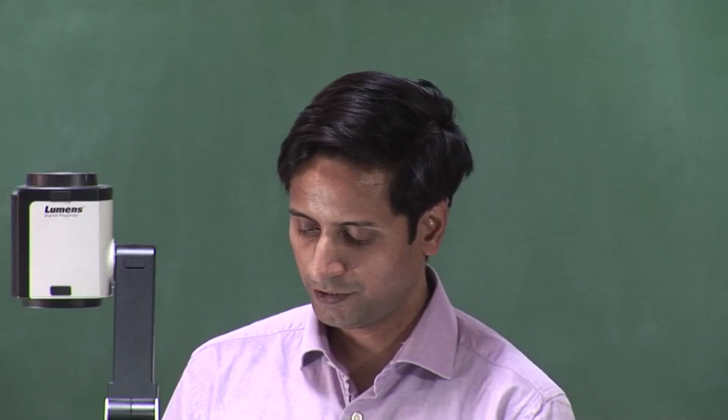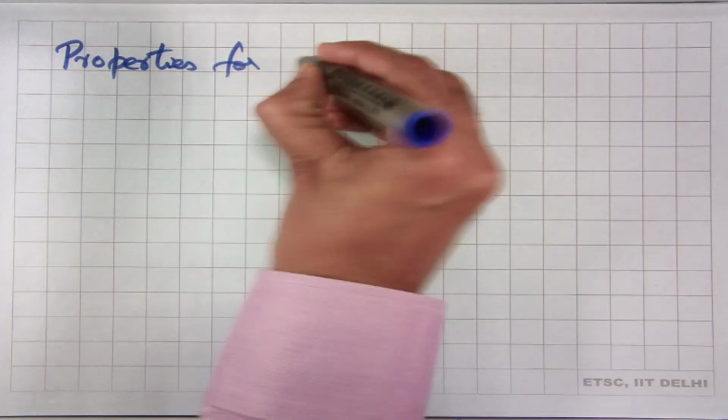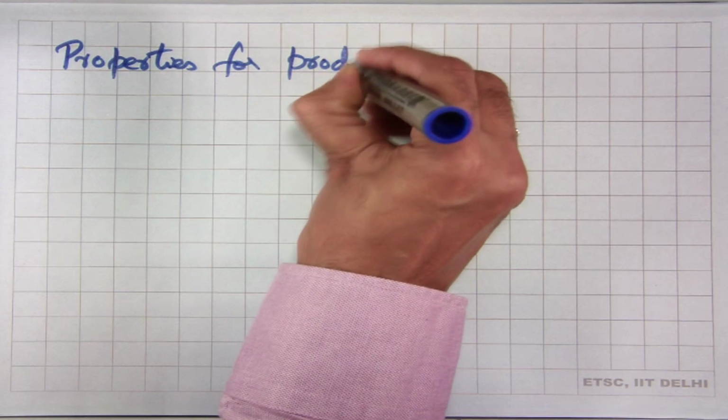Similarly, another thing is properties for product of functions.